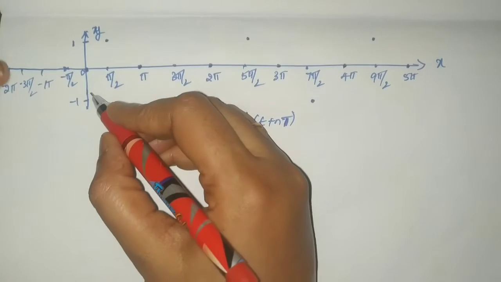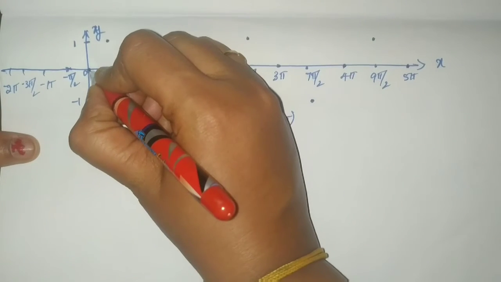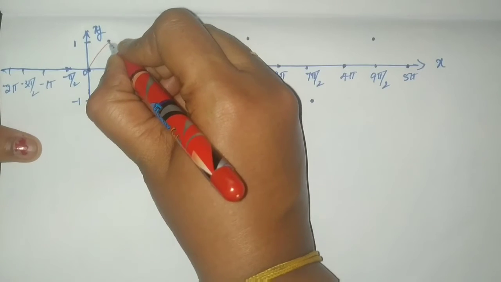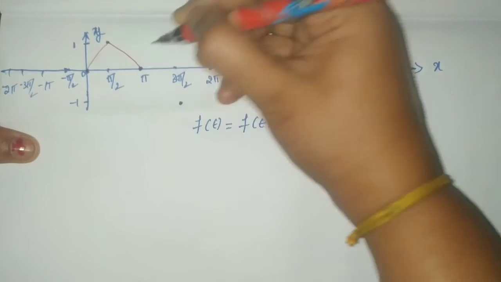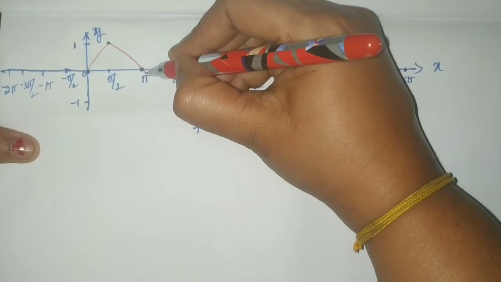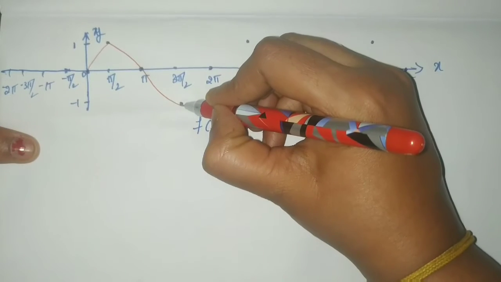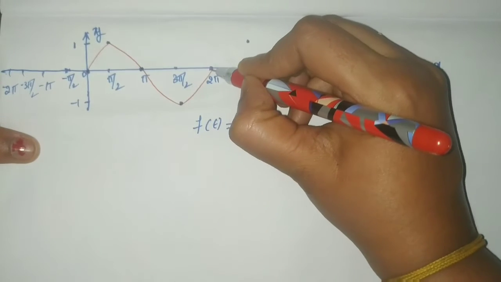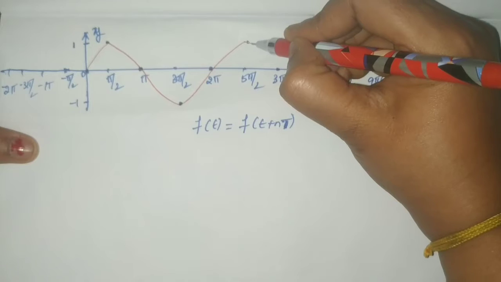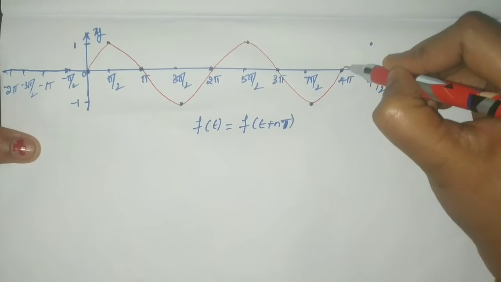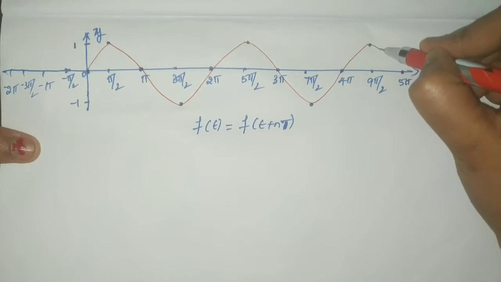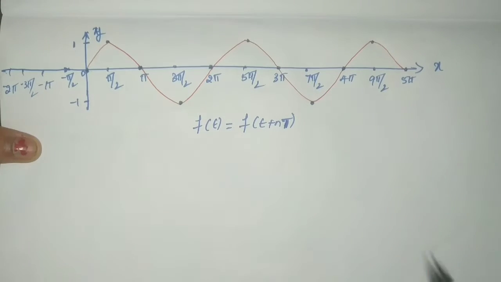Now you can connect the points. Sine 0 is 0, sine pi by 2 is 1, sine pi is 0, sine 3 pi by 2 is negative 1. Similarly, you can connect all the points we have marked, and you will get a curve of this form. This is the sine function curve, and it keeps on proceeding.